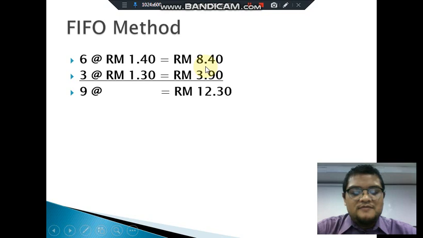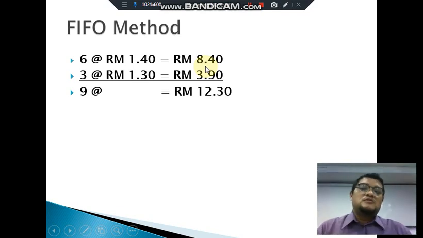Guys, first in first out is the method that is very applicable and logical. First in first out means whatever food you put first, you will use first. Whatever food comes first to the storage, you will use first. Why? Because you don't want the food to be spoiled.